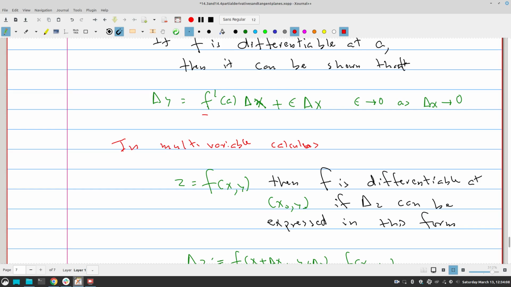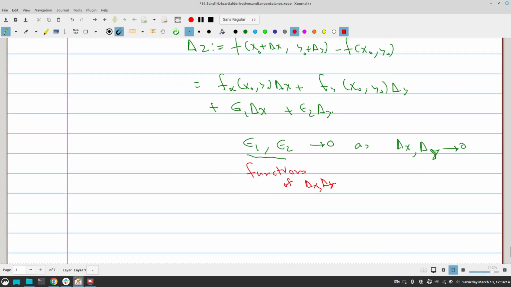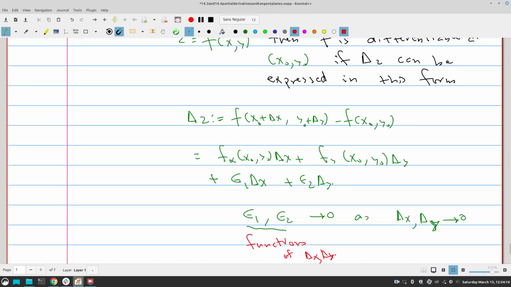Okay, now given this definition of differentiability, this is not a working definition, in the sense that it is hard to use this definition to check for differentiability. So what we want is a convenient criterion for differentiability, which we will prove.